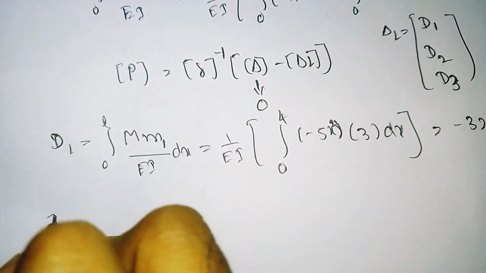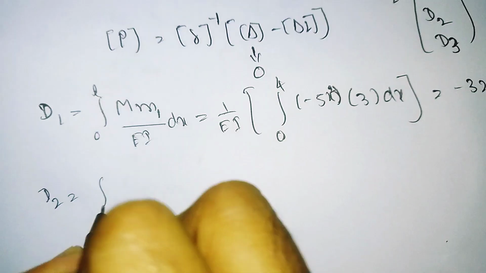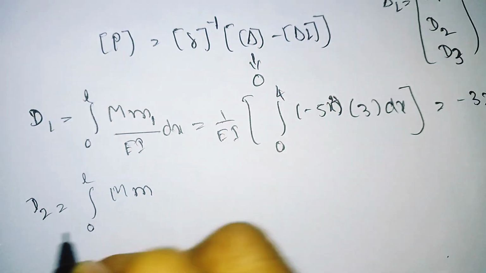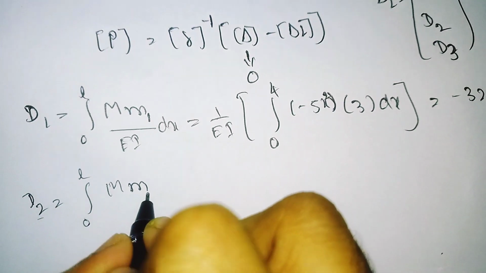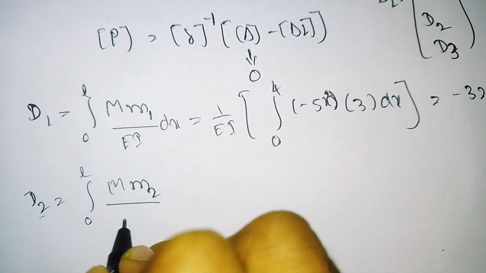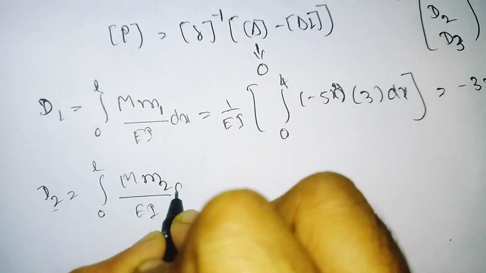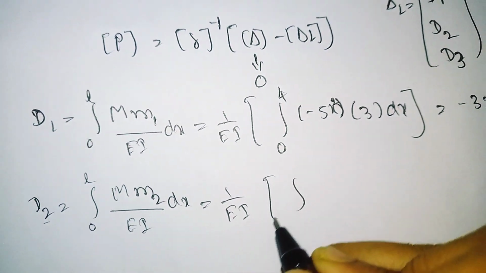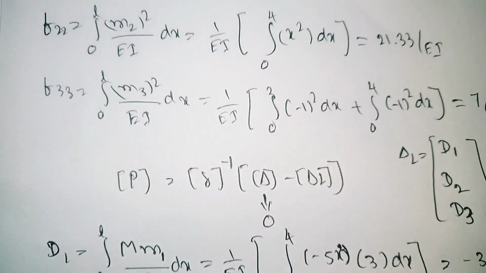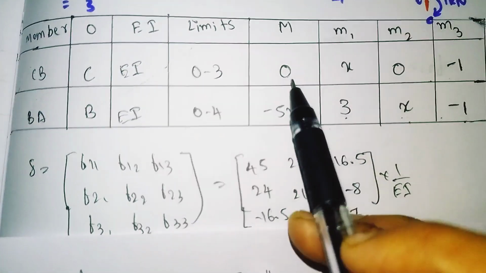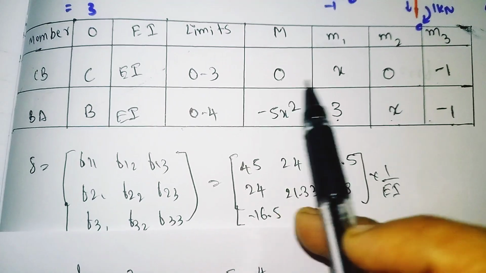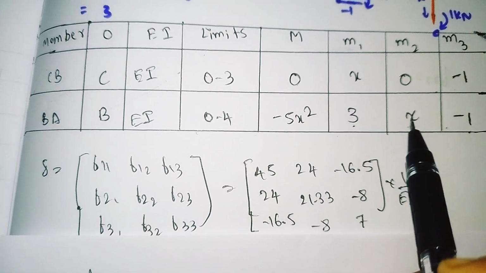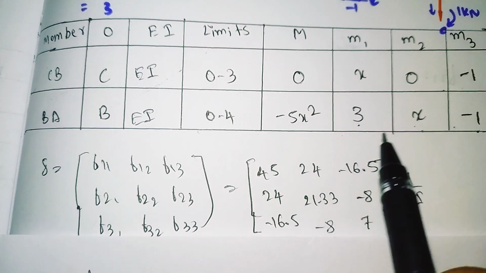Similarly for D2 we have the formula: integration of 0 to L of capital M into m2, the moment of coordinate number 2, divided by EI into dx, is equal to 1 divided by EI. Now integration of M into m2. Here M is 0, and 0 into 0 becomes 0. So for BA, minus 5x square into x square is minus 5x cube.